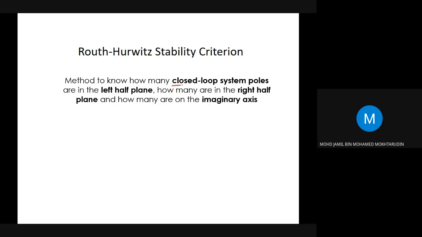So closed loop system poles here, meaning that transfer function yang dah simplify punya block diagram, okay? Meaning that you simplify the block diagram first, and then you get the transfer function, and then from here only you find the poles, okay? So that poles are from the transfer function of the simplified block diagram, okay? Yang dah reduce.